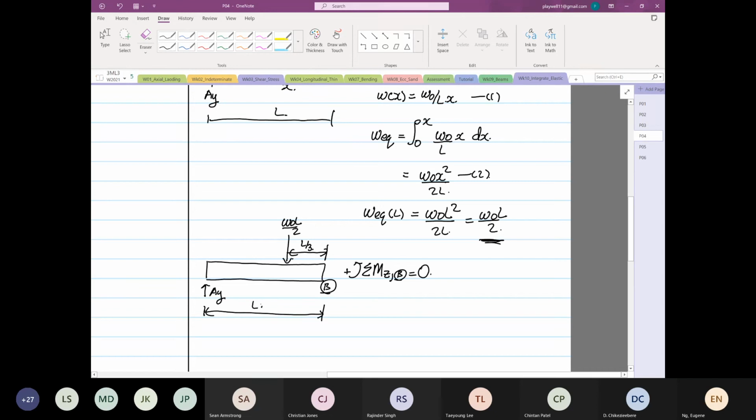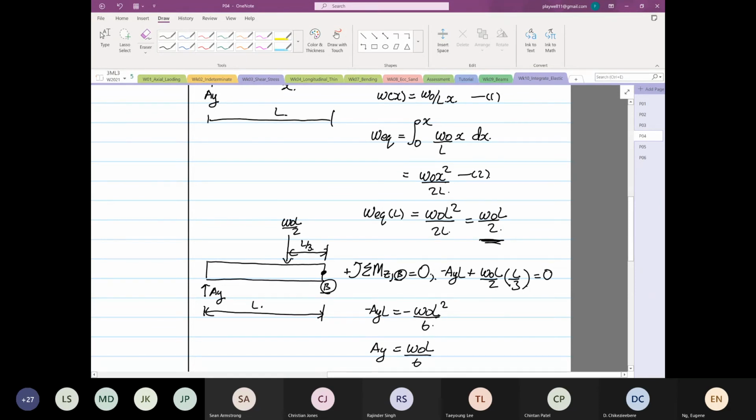The distance from here to here is L. So you have minus AY L plus omega naught L over 2 multiplied by L over 3, and the whole thing is equal to 0. So minus AY L is equal to minus omega naught L squared over 6, so AY is equal to omega naught L over 6.